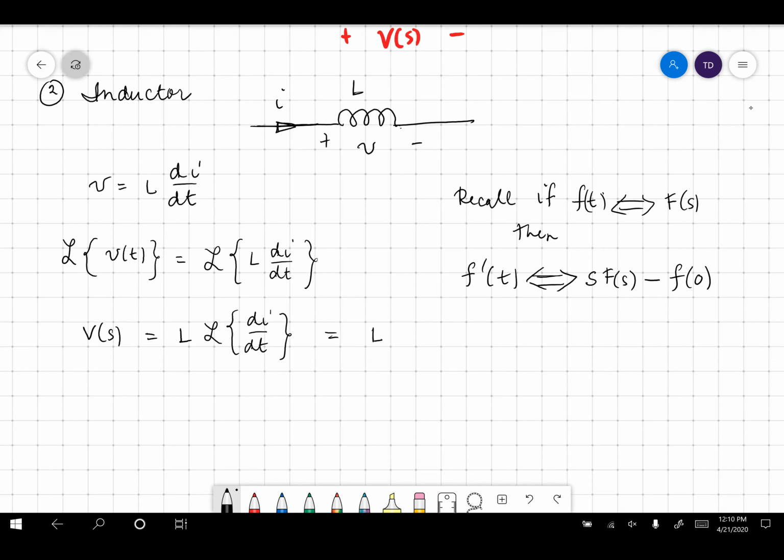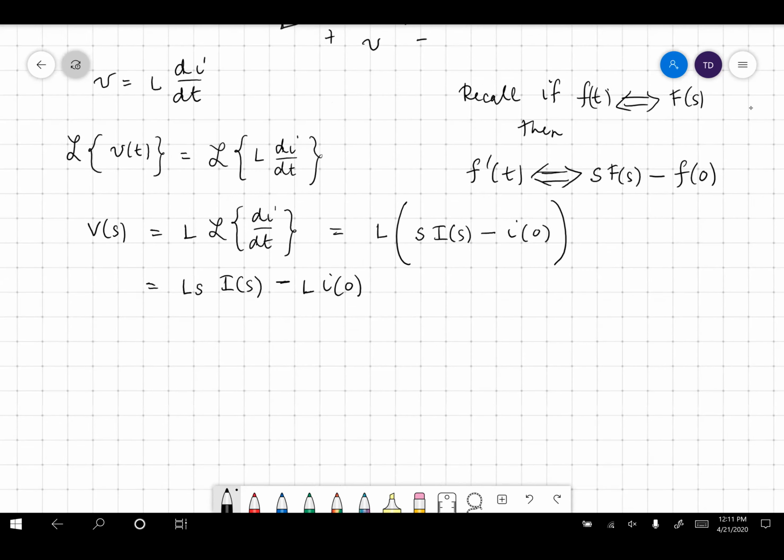And of course, lots of textbooks use f at 0 minus for the case when there are switches in the circuit or in the network. Right now we're not dealing with any switches. So the Laplace transform of di dt is s times I of s minus I of 0. This is equal to Ls I of s minus L I of 0. So that's what V of S is equal to.